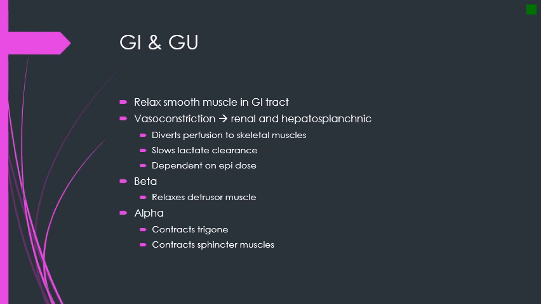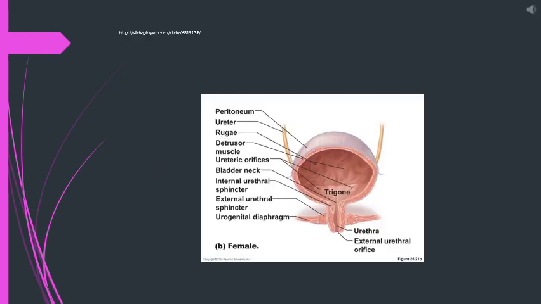Your beta agonism relaxes the detrusor muscle, and I've got a slide following with a picture to help you understand the location of your detrusor muscle and your trigone. Your alpha stimulation contracts that trigone and sphincter muscles to help control your bladder.